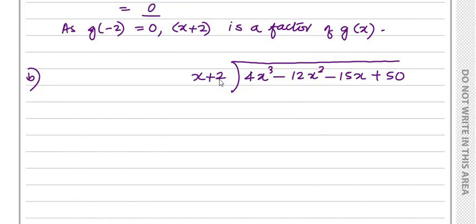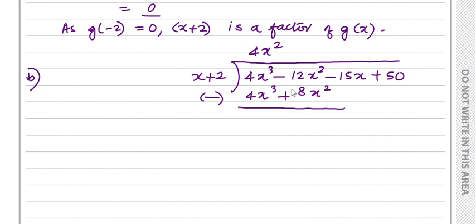You don't need to worry about this plus 2. Just look at how many times x goes into 4x cubed. It is 4x squared, right? Therefore, multiply 4x squared and this whole expression. So 4x cubed plus 8x squared, okay, and put a line and then subtract this out.